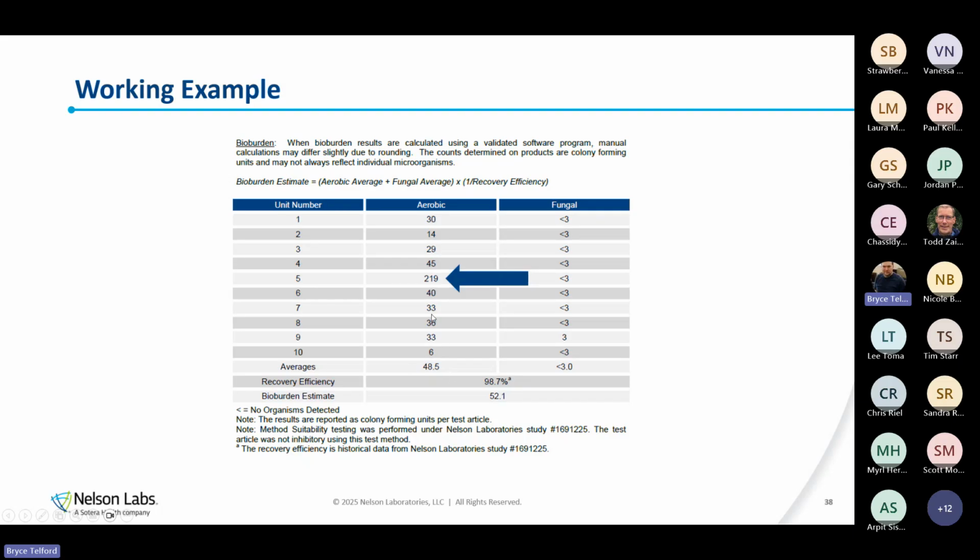But when we look through overall, the highest count we're really seeing is that 45. So when we talk about something being 2 times the average, I can multiply 48.5 by 2, and I'm still not getting up to 219. So this is an example in the data set of what a spike would potentially look like. I have this spike here, and it's 2 times the average.